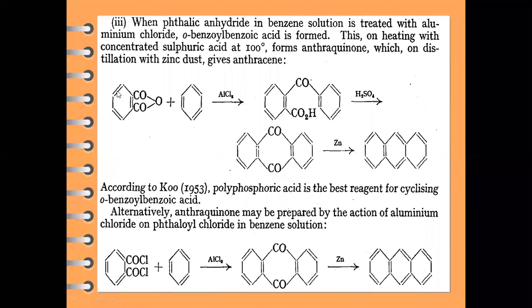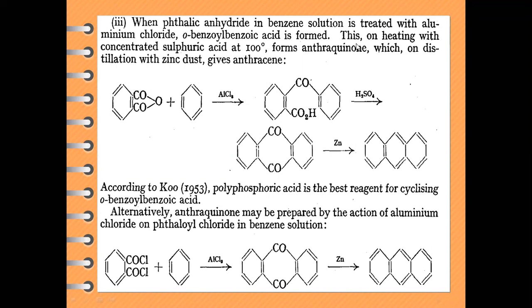So, what will be the third method? When phthalic anhydride in benzene solution is treated with aluminium chloride, the phthalic anhydride condenses with the benzene ring in the presence of aluminium chloride, forming an intermediate product.